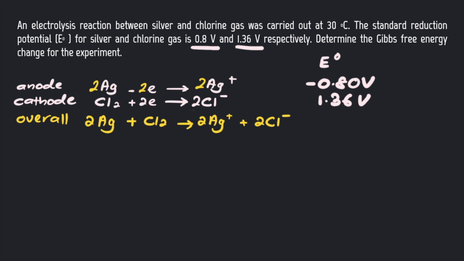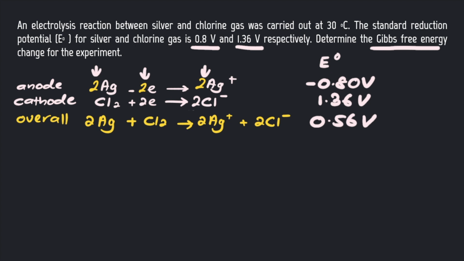Despite having 2 over here, the value should be the same, only that you change from positive to negative. So when you do the summation of this, you will get 0.56 volt for the overall reaction. Now the question asks you to determine the Gibbs free energy.